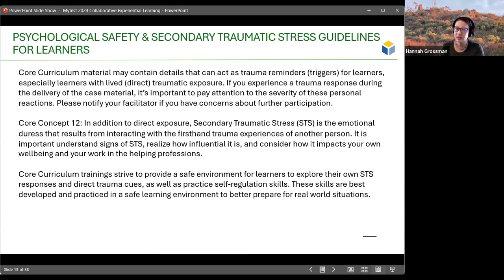So if you listen to how this slide is framing this information, we are setting our learning outcomes with our participants at the very beginning, as your well-being and your psychological safety in this learning experience is important.